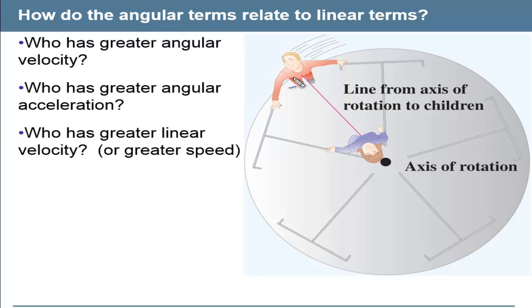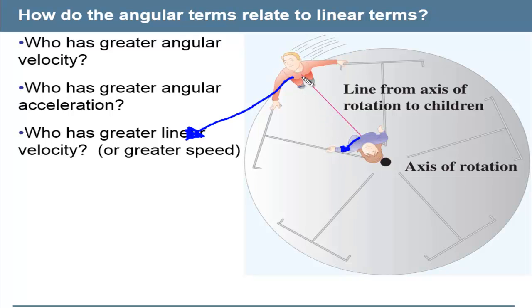Who has a greater linear velocity though? If we look at it in a line, we know that the linear velocity is tangent to the path that it goes around at any given point, and so he has a large linear velocity and she has a much smaller linear velocity, right?